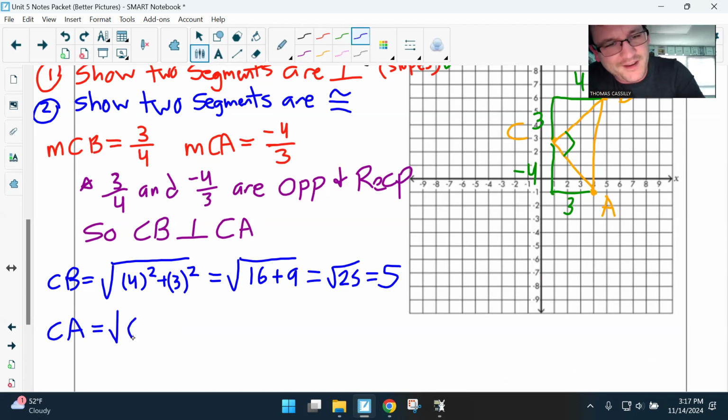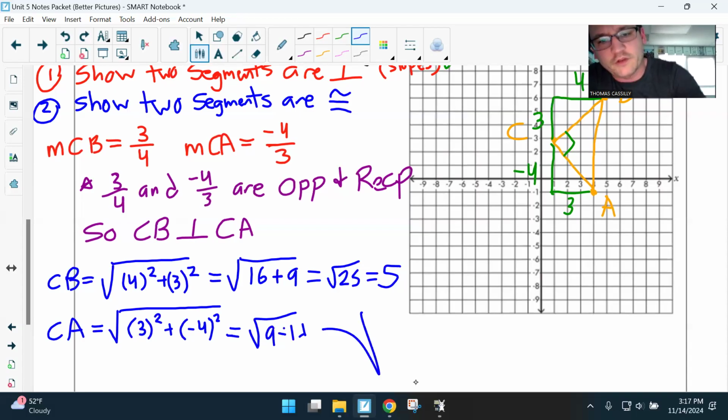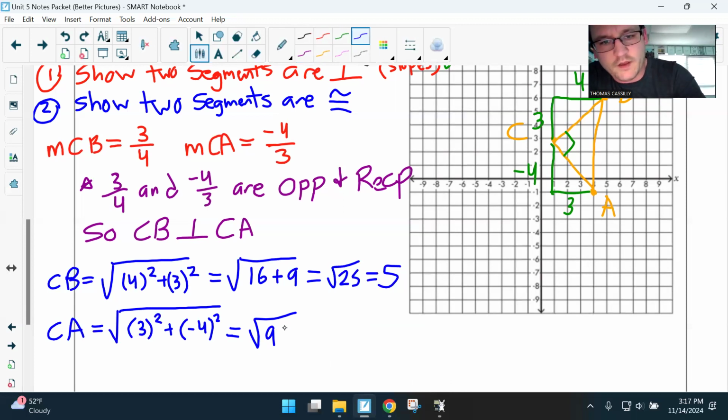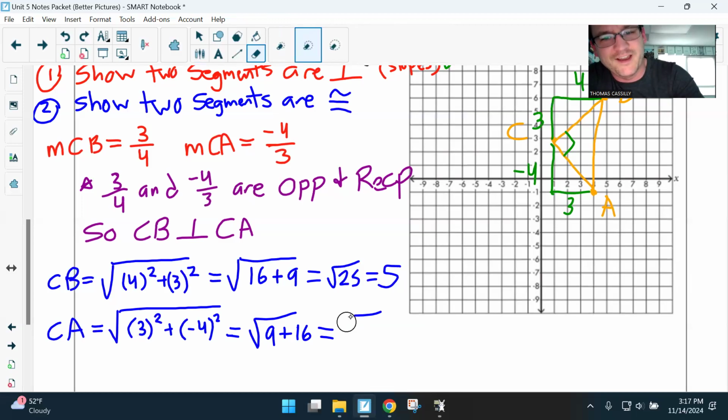There you go. So we got 3 squared plus -4 squared, which is equal to 9 plus 16, which is the square root of 25.